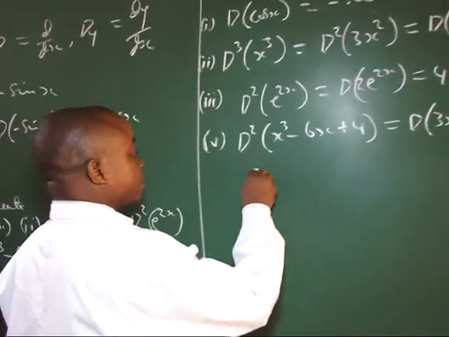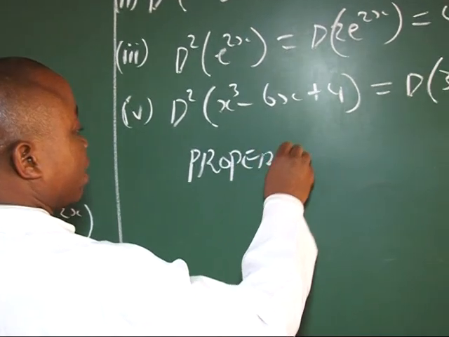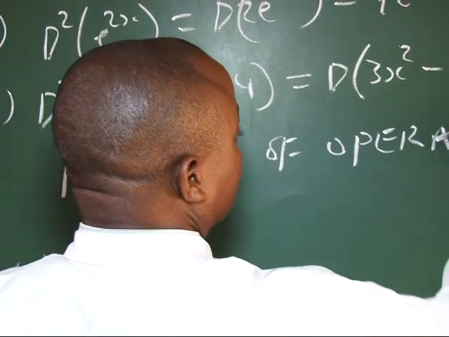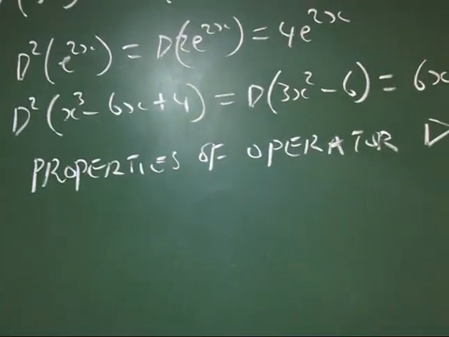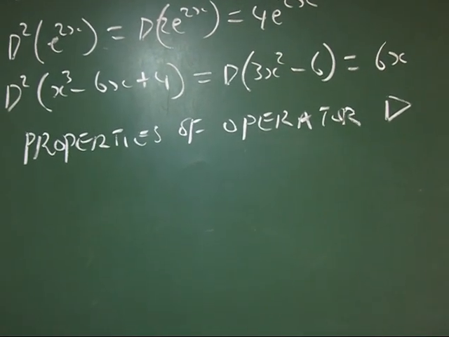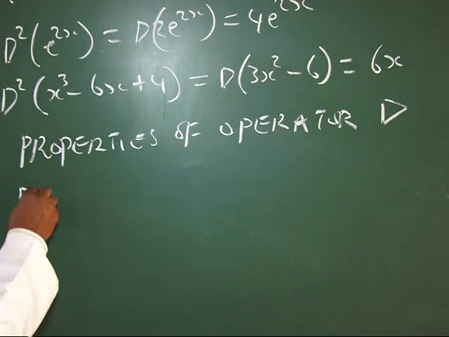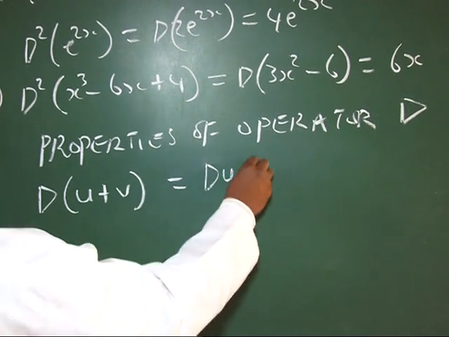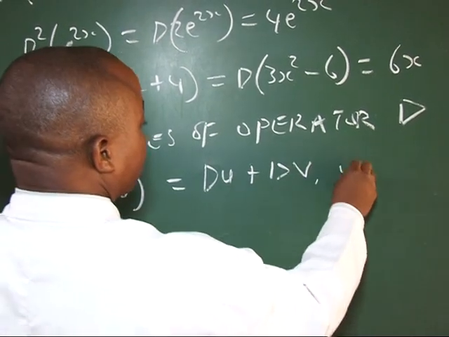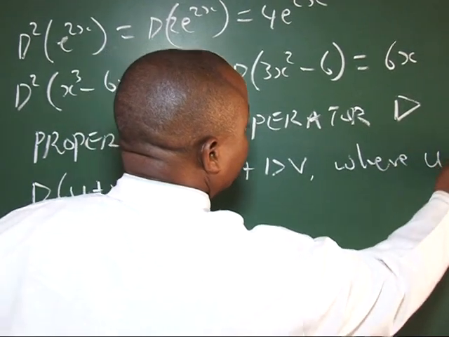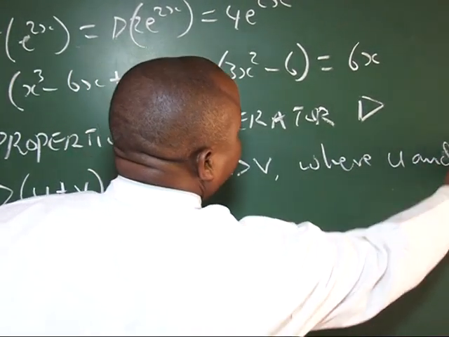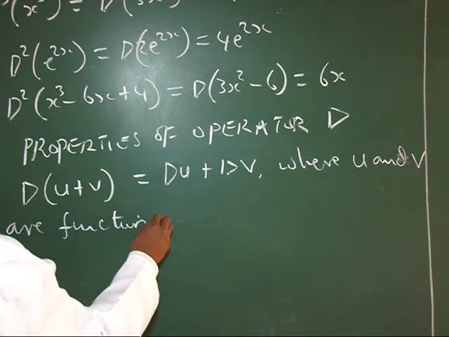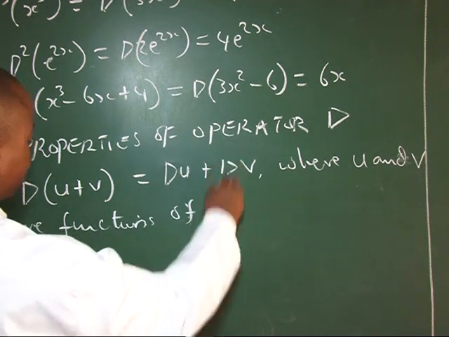Now let's look at properties of operator D. If I have D of u plus v, it will be equal to Du plus Dv, where u and v are functions of x.